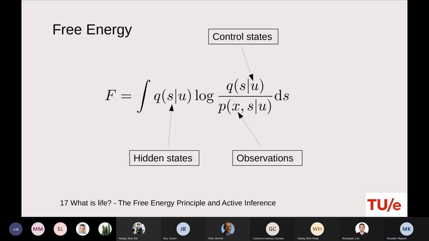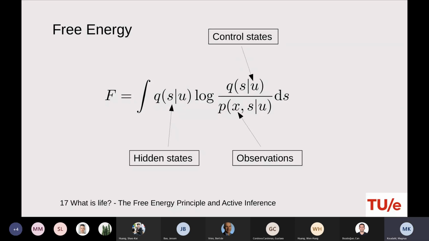So again, one way we can think of what the brain does is that we can think of it as trying to minimize its variational free energy. We're trying to match up our approximate model of the world, this Q, with the real model of the world, and constrained by some priors over where we want various internal variables to be.